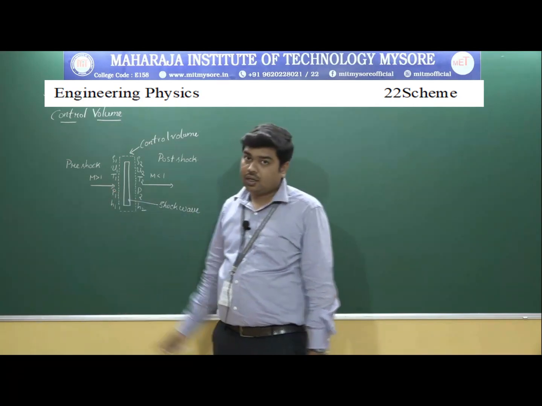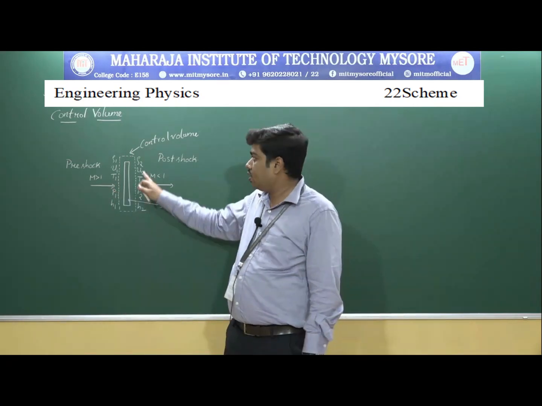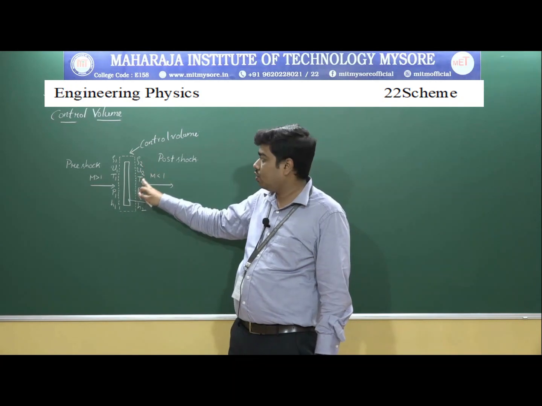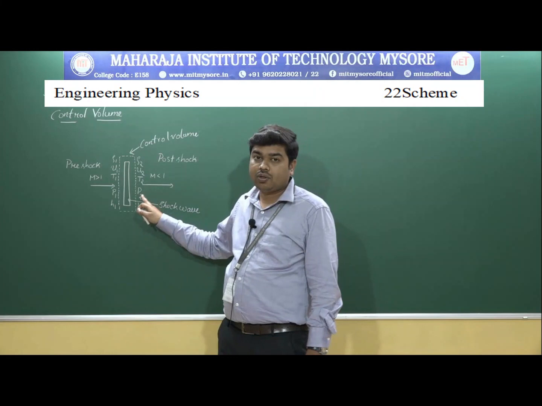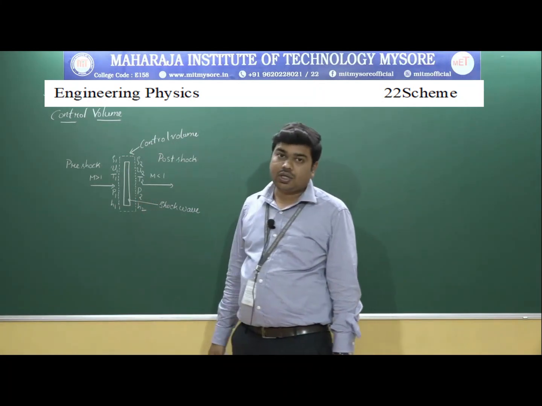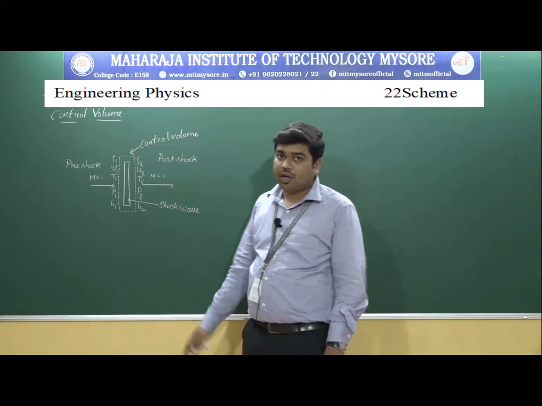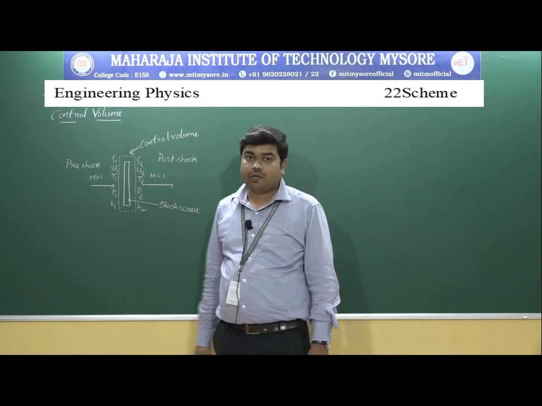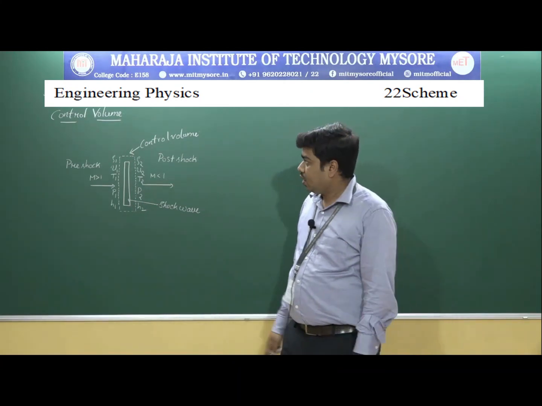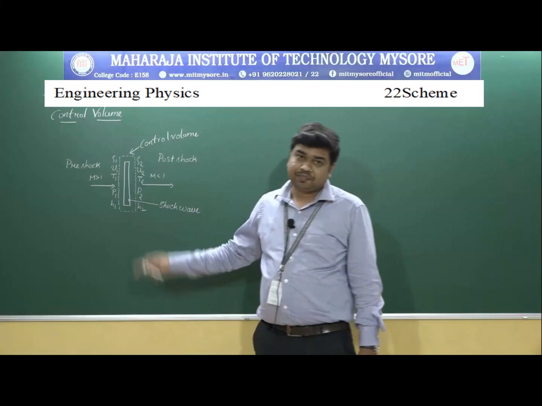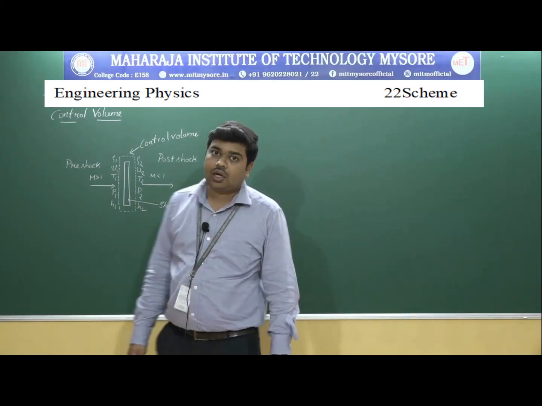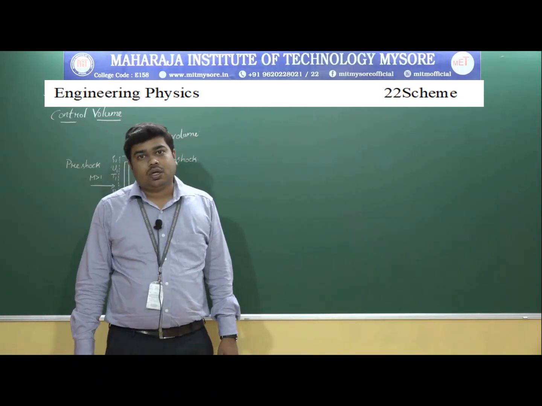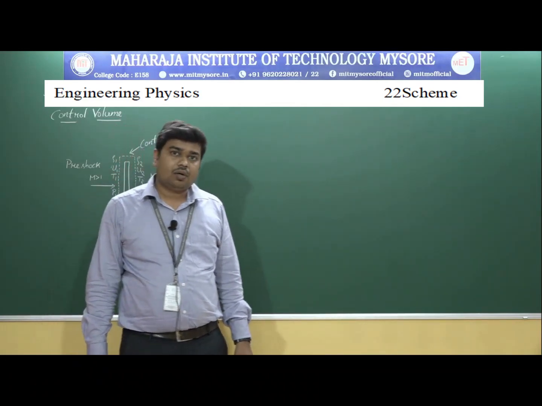In the post-shock side, ρ2 is the density, u2 the flow velocity, t2 the temperature, p2 the pressure and h2 the enthalpy of the medium in which the shock wave is propagating. Using these parameters, one can develop certain equations based on the laws of conservation of mass, energy as well as momentum.